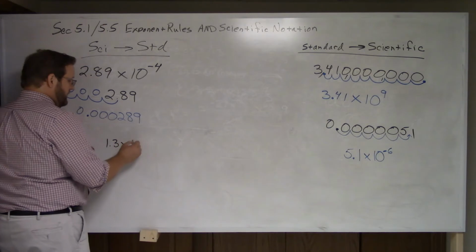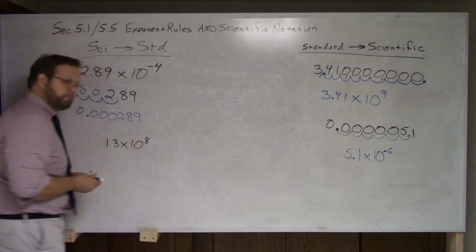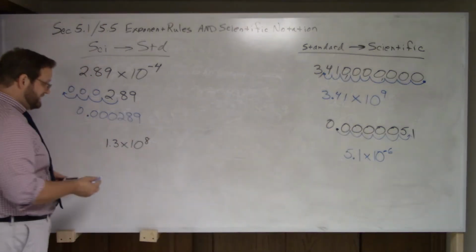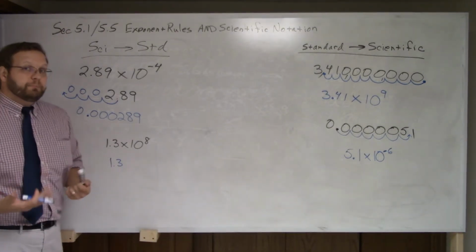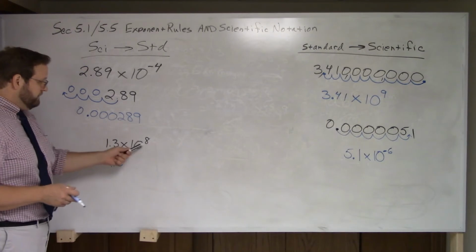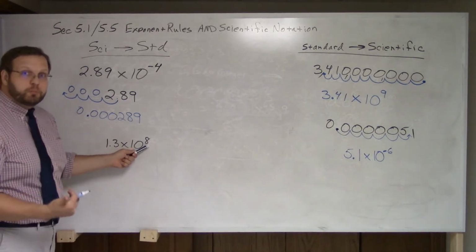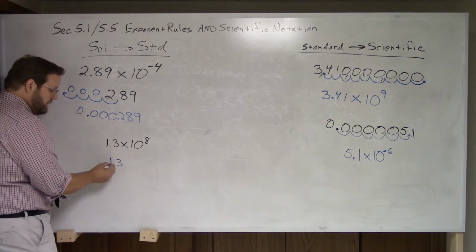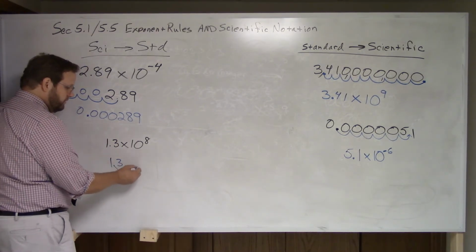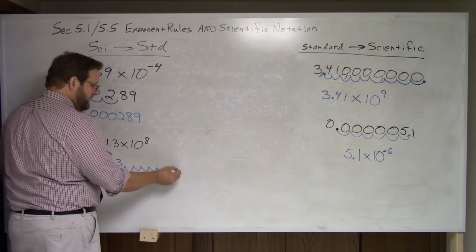Let's say we had 1.3 times 10 to the 8th. So I start with that scientific form of it, that 1.3. I know I got to move it 8 places, but which way? If this is positive, that means that normal standard version should be bigger. So to make this bigger, I got to go this way. 1, 2, 3, 4, 5, 6, 7, 8.